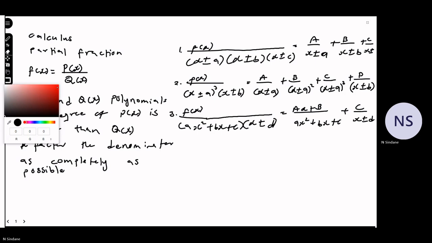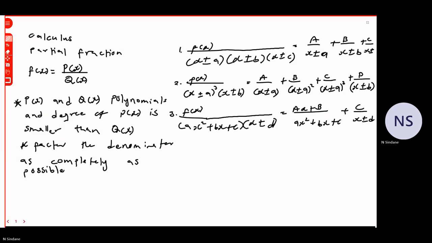Now, do not forget, with this one, option 3, you can only do this when a x squared plus b x plus c cannot be factorized.